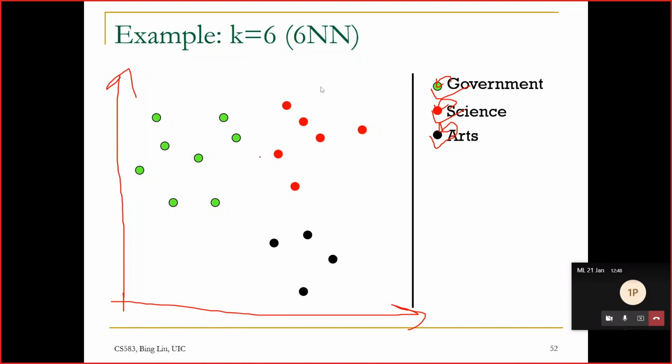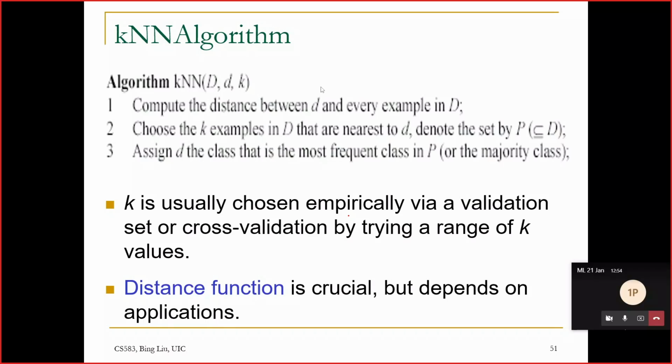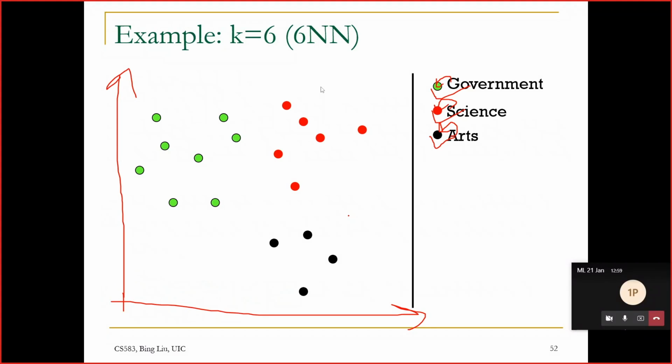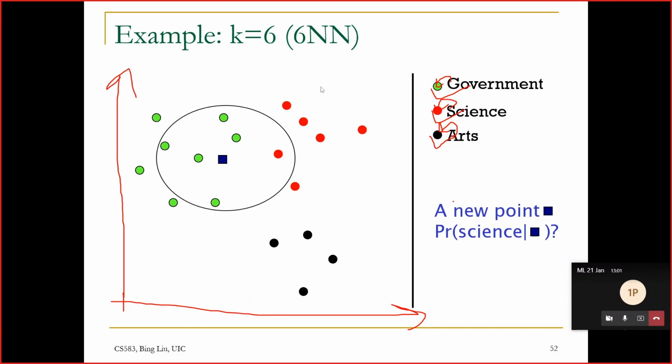So how can we solve this using KNN? We'll look at the previous algorithm and start with the first step. What is the first step? Compute the distance between d and every example in D. What does it mean? Let's see. One new point comes into the picture, this one, and you want to find which category this new point falls under.